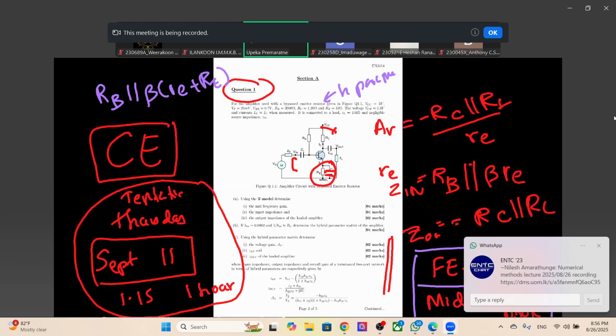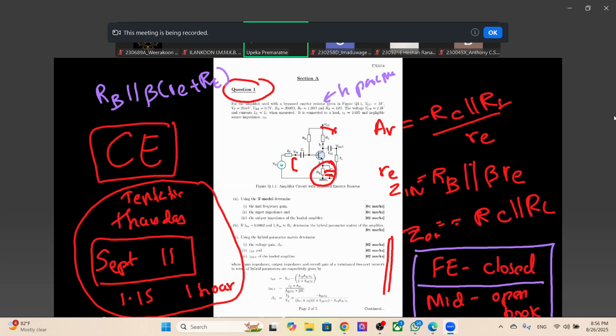If we are considering the mid-band frequency, as I mentioned in the previous question, the mid-frequency gain, then we can straight away bypass this. Or else, if we are not considering R_E as being bypassed, then the answer is R_B parallel to beta times (simple r_e plus capital R_E). I hope that answers your question.